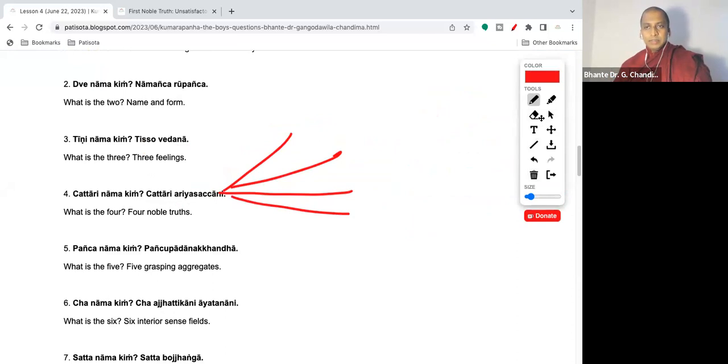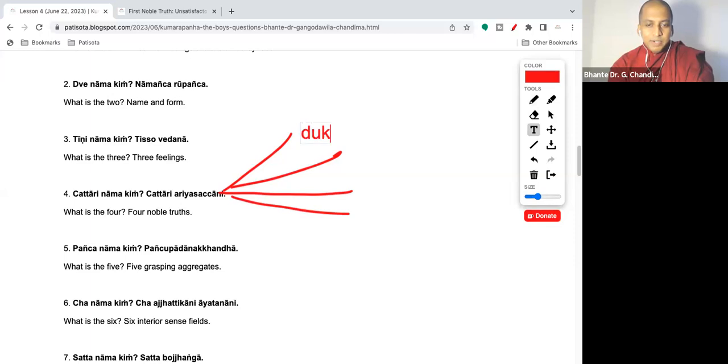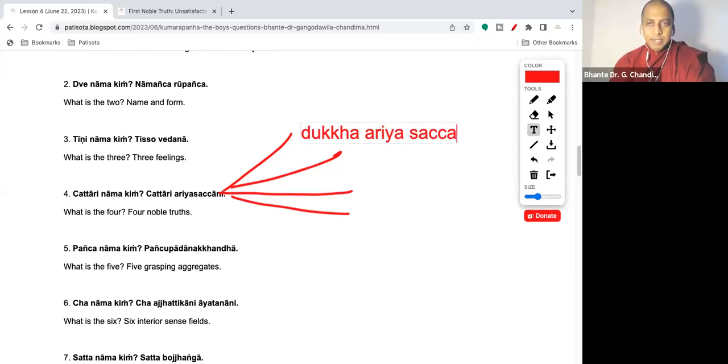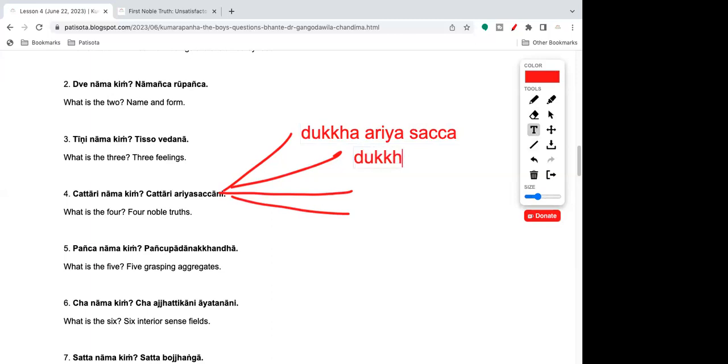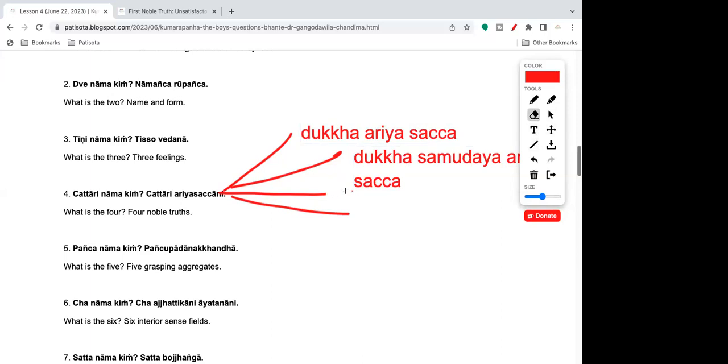Dukkha, samudaya, nirodha. We have to start from the dukkha. Dukkha Arya Satcha. Samudaya, Dukkha Samudaya Arya Satcha. Nirodha, Dukkha Nirodha Arya Satcha.